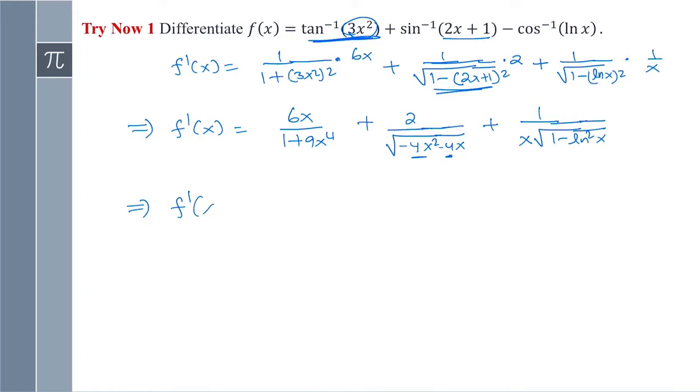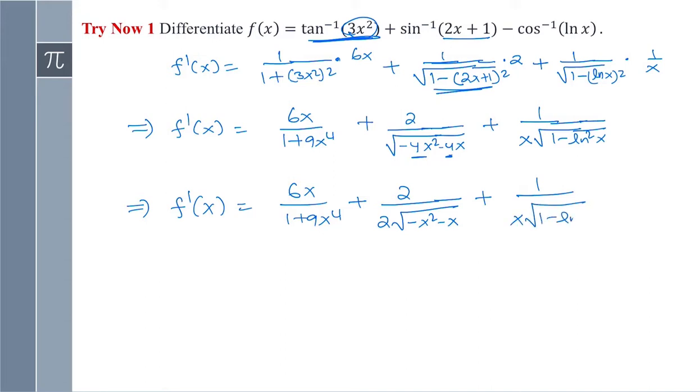So f prime of x equals 6x over 1 plus 9x to the fourth plus 2. And then if I factor out 4 and take it out of the root, I get 2. And then I have negative x squared minus x. Plus 1 over x times the square root of 1 minus natural log squared of x.